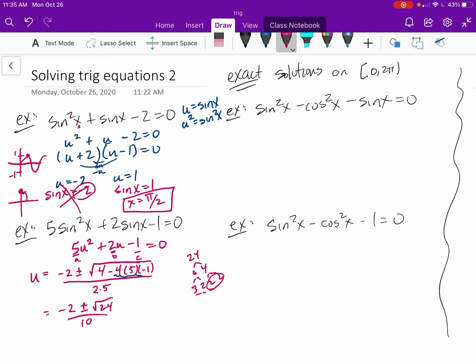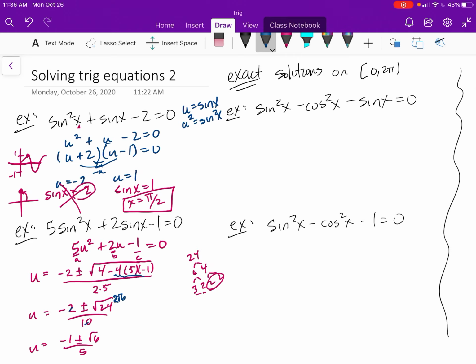So this is 2 root 6, and everything is divisible by 2. So therefore, we'd have -1 plus minus the square root of 6 over 5, right? Divided everything by 2 here.